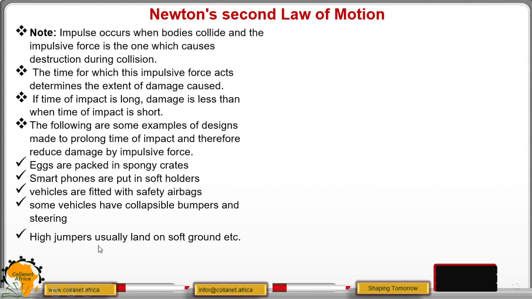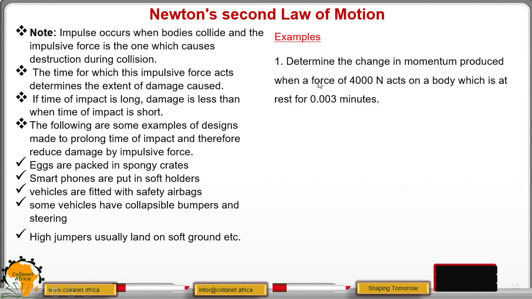Also, high jumpers usually land on soft ground. The soft ground ensures that they prolong the time of impact and therefore prevent that impulsive damage.